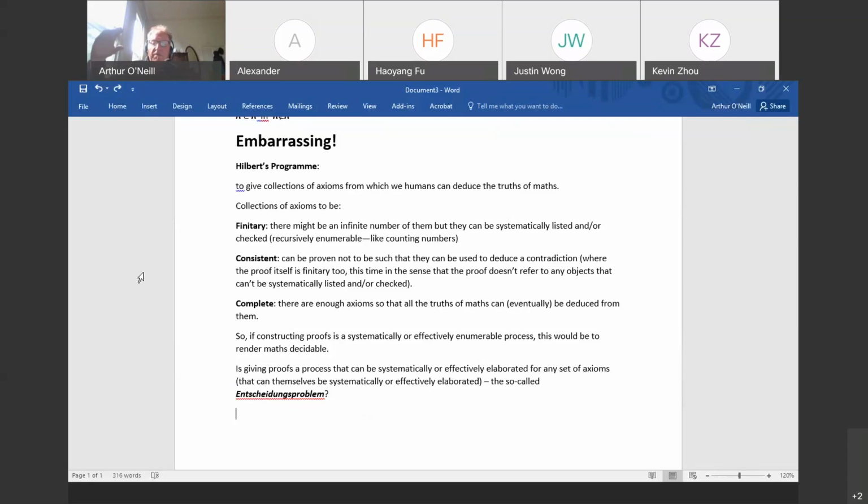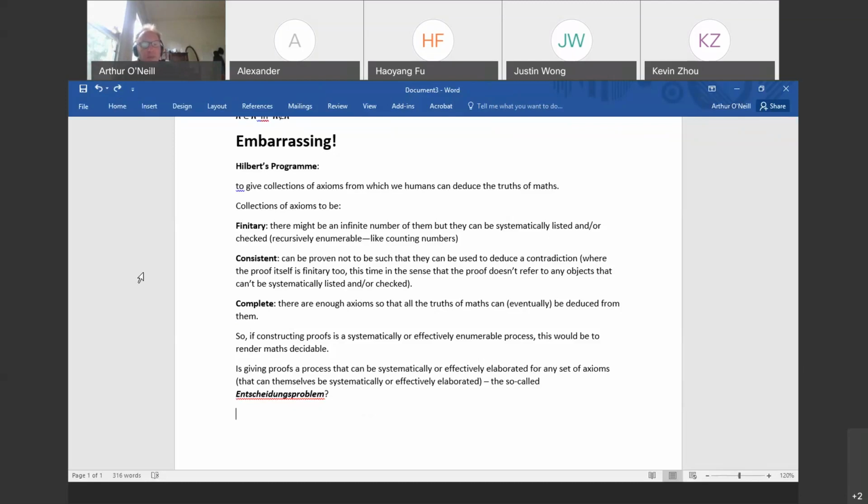You could have one lot of mathematicians trying to prove that it was true, and another lot trying to prove that it was false. And eventually, one of those groups would come up with a proof. So in the end, maybe after many generations, the statement would be either proven true or proven false, if your axioms were consistent and complete.